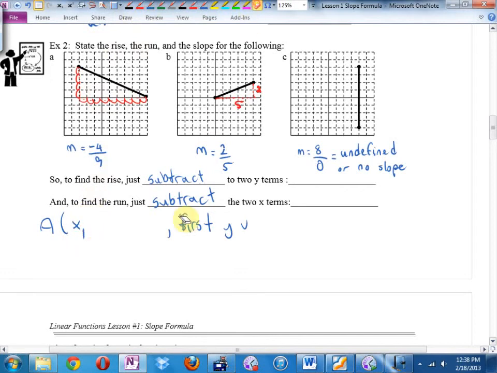And an easier way for me to write first y value is going to be y value number 1. And if I have a second point, hey, if the first point is called A, what would be a clever thing to call the second point? Very good. And that has a second x value and a second y value.